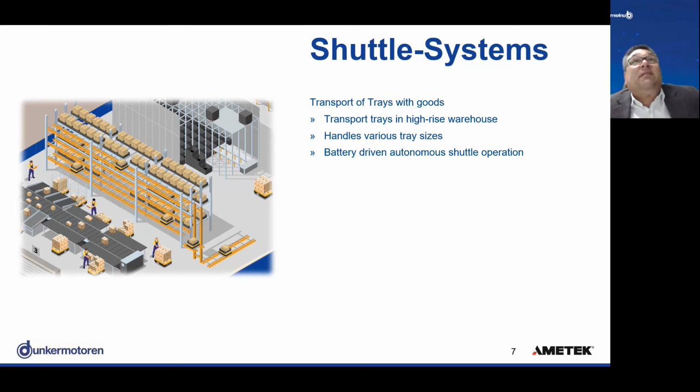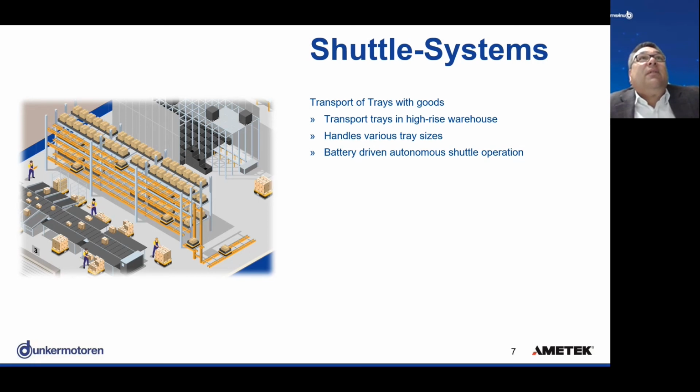They are driven usually with batteries or with power caps. So therefore they run autonomously. They have sensors to detect the distance they have driven and to position accurately in front of the pallet or the tray.